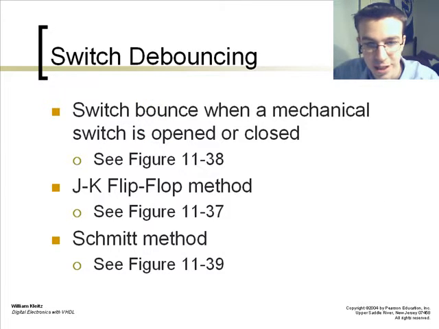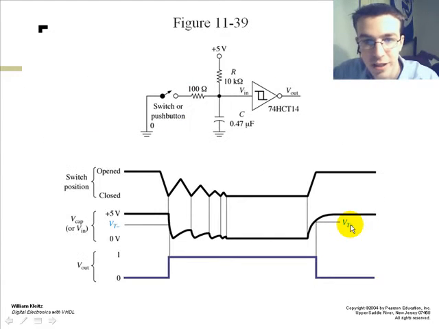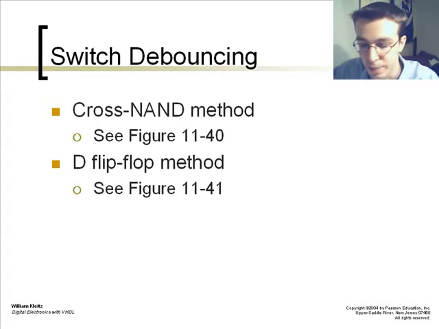And you have the JK flip-flop and the Schmitt method as well. This is the JK flip-flop method with the same type of deal, and the Schmitt trigger method that takes away the bouncing as well. Just correlates it to a 1 or a 0 value instead of many different in-between values.